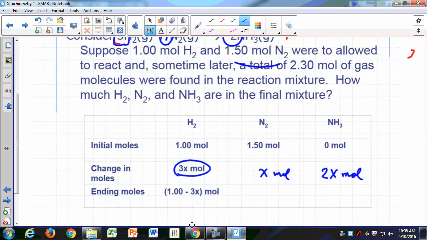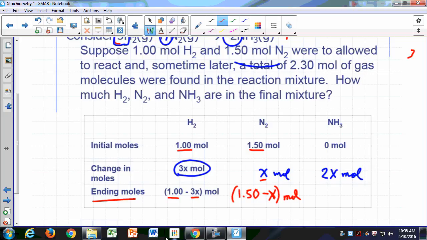So how many moles would we have of H2 now? After x moles of reaction has occurred, it's going to be the starting amount minus the change. So 1 minus 3x moles. Remember, you're going to lose H2 during the reaction. You have 1.5 moles of N2 to begin with, you're going to lose x moles of N2, so in the end you're going to have 1.50 minus x moles of N2.